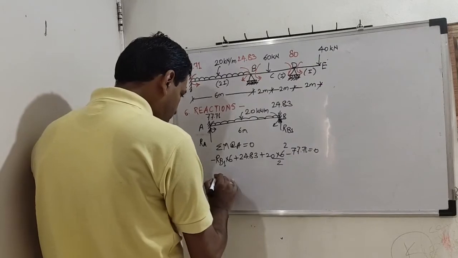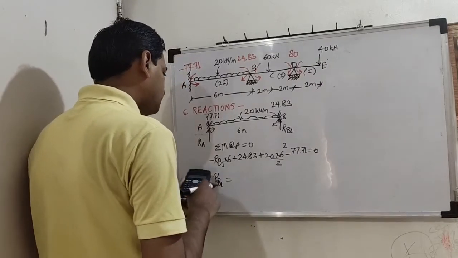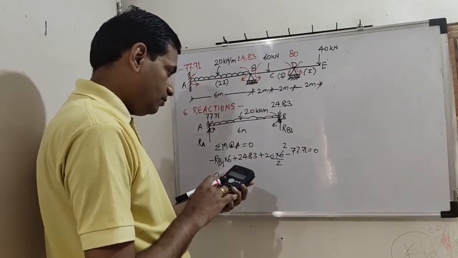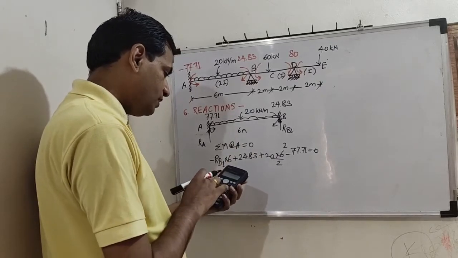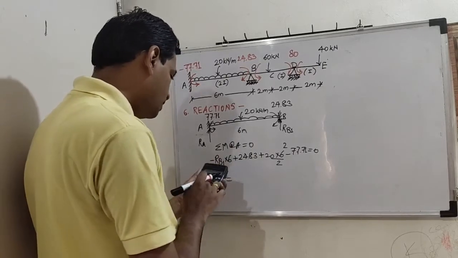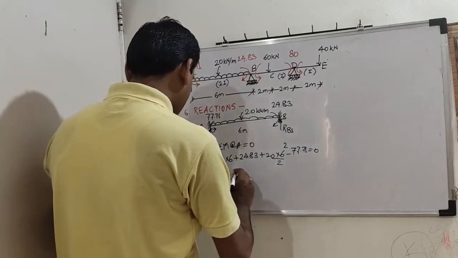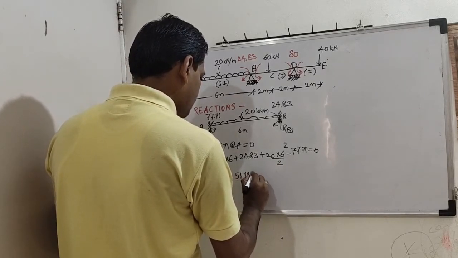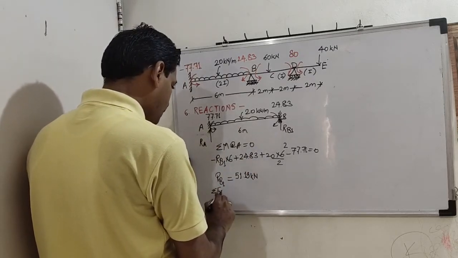So let us find RB1 first. So 24.83 plus 20 by 2 is 10 into 6 square minus 77.71. This total is divided by 6. So it is 51.19 kilonewton.